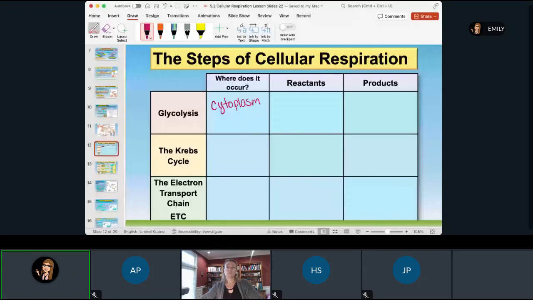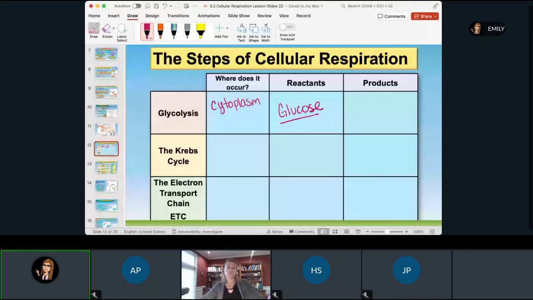Okay, in the cytoplasm of the cell. What goes into glycolysis? What's my one ingredient that I need for glycolysis to happen? Good, glucose. So glucose is my one reactant that I need.